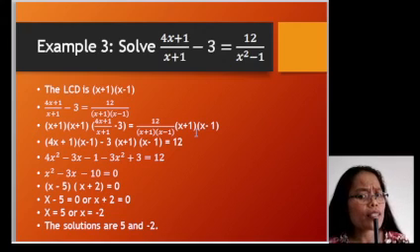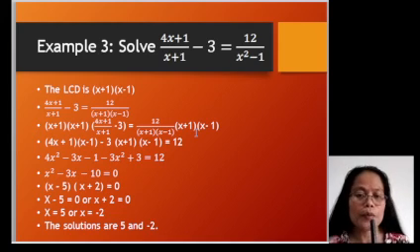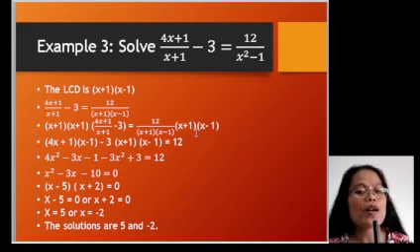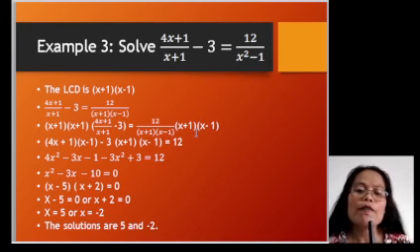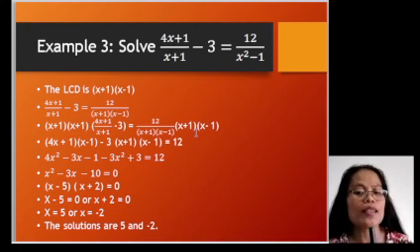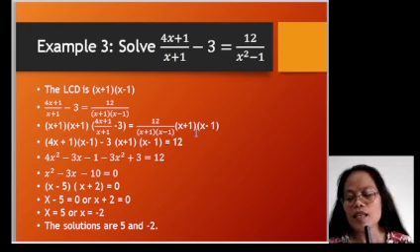Why is it that the LCD is x plus 1 times x minus 1? Because if we are going to factor x squared minus 1, that is the difference of two squares, we have x plus 1 and x minus 1. And we have also x plus 1 at the left side of the equation. So we can use that as the LCD.